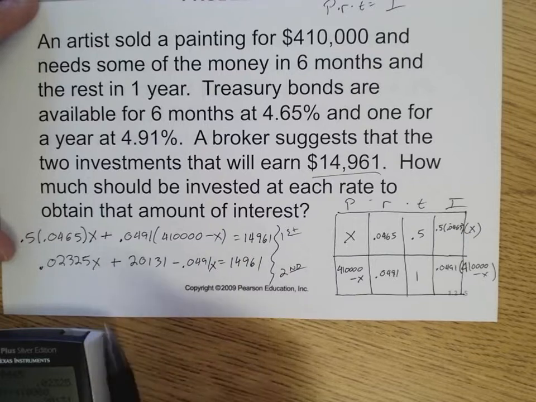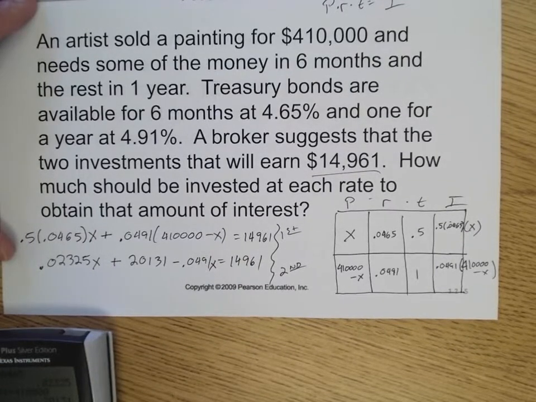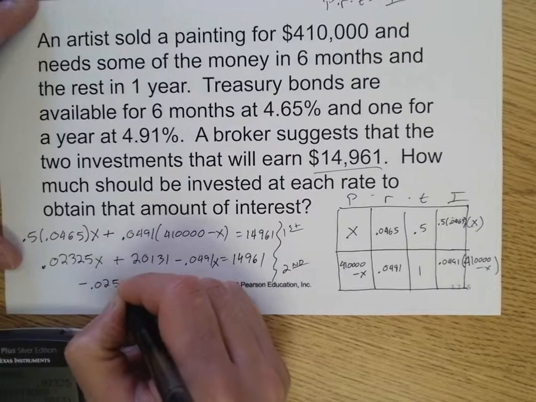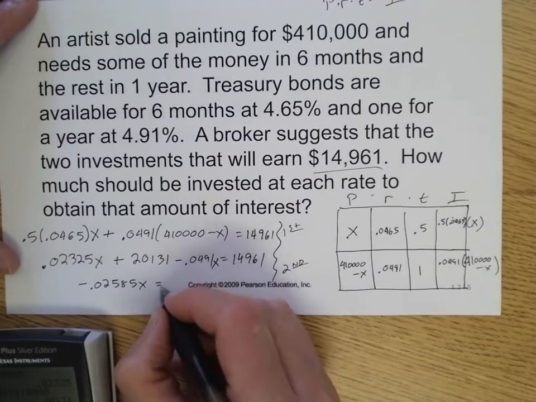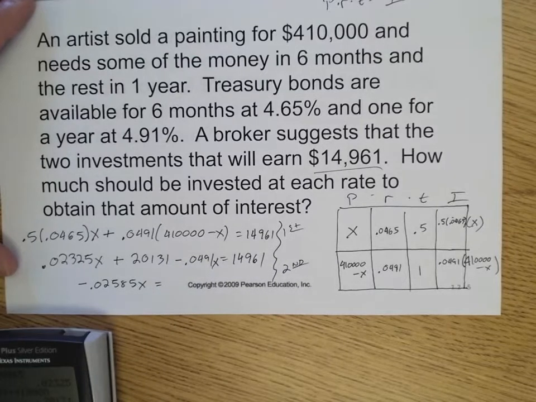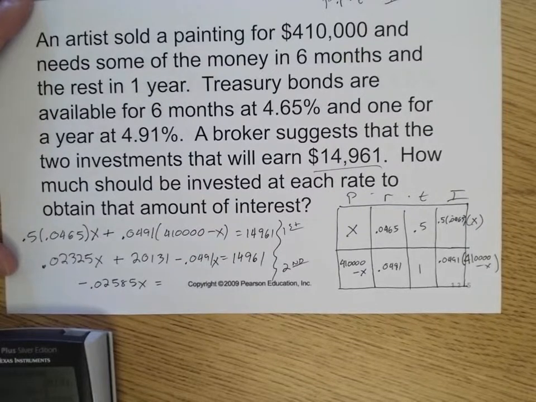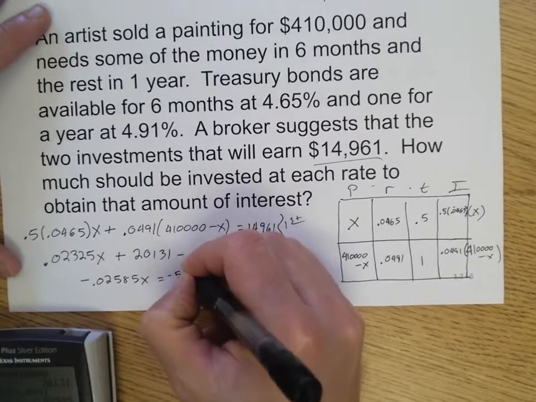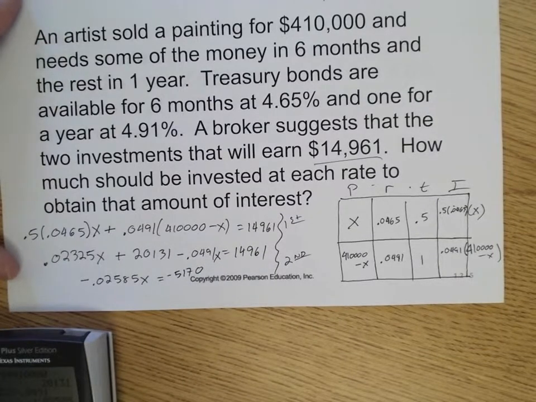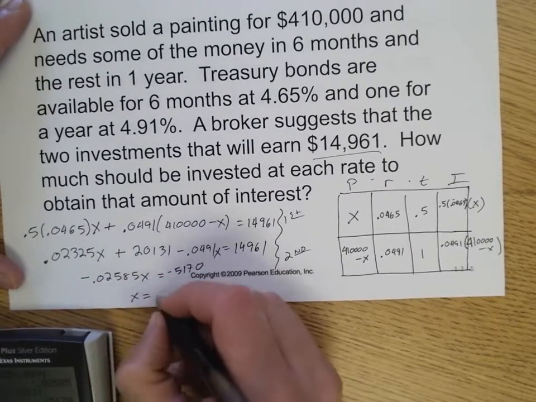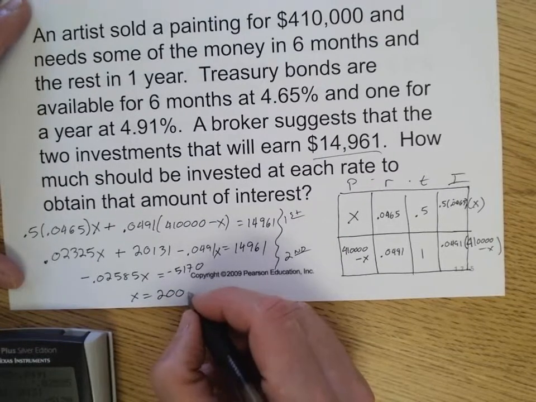So I'm going to combine my x terms. And I'm going to subtract 20,131 from both sides. I then divide by the number in front of x. Which, believe it or not, comes out to be exactly 200,000.